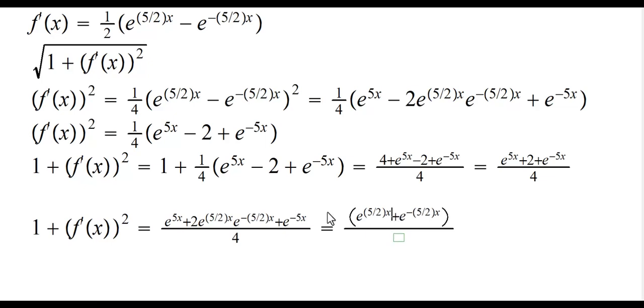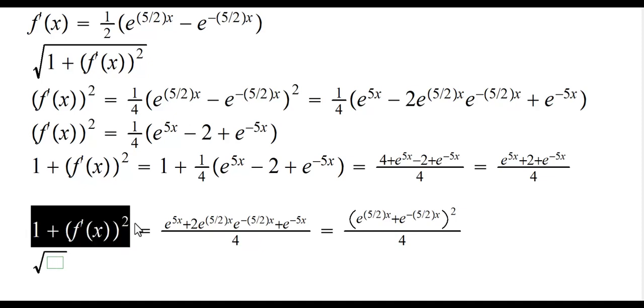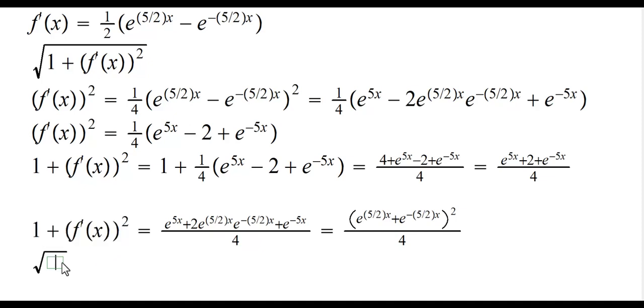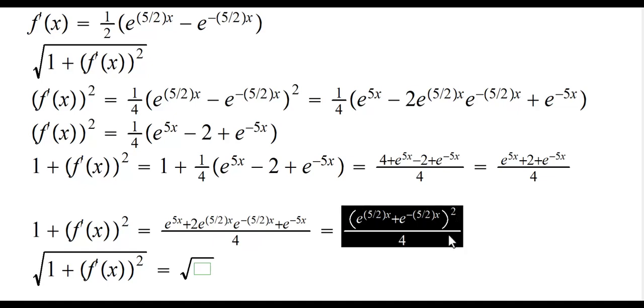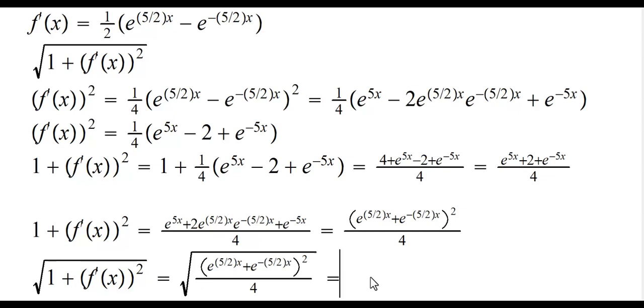Because this sign is positive now, so this is squared and divided by 4. So the quantity square root of 1 plus f prime x squared becomes the square root of this quantity, and this will be simply the quantity divided by 2.